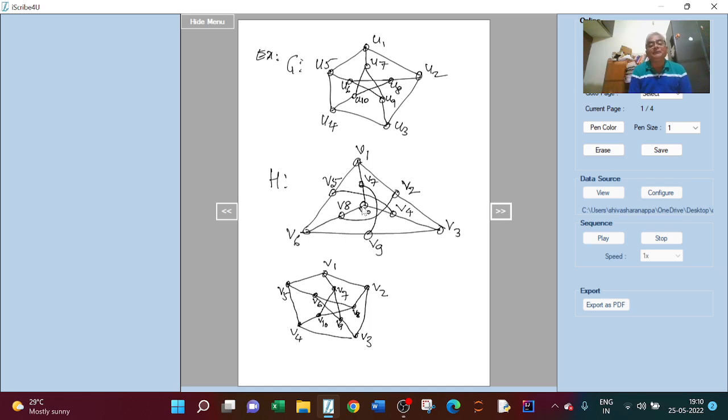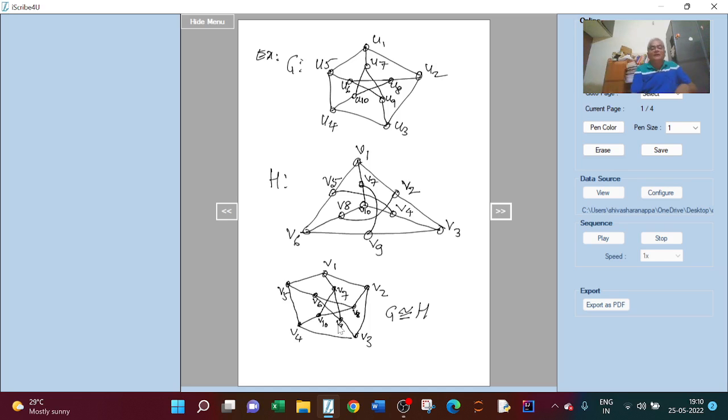And V10 is adjacent with V4, V7, V8, all already written. So we can draw this graph as this type. If you observe these two graphs, they are the same. Therefore we say that G is isomorphic to H.